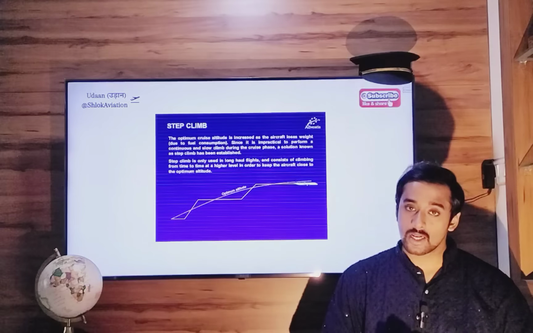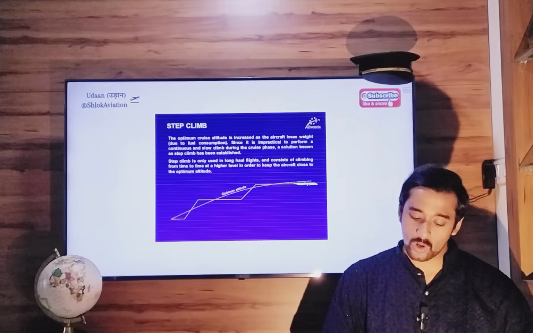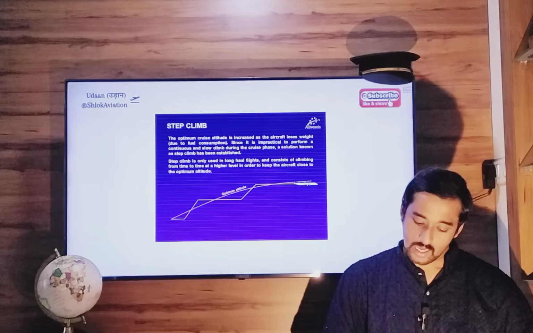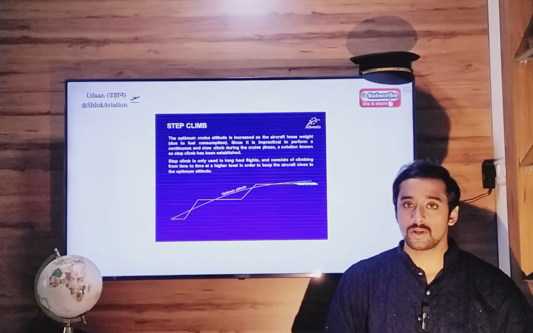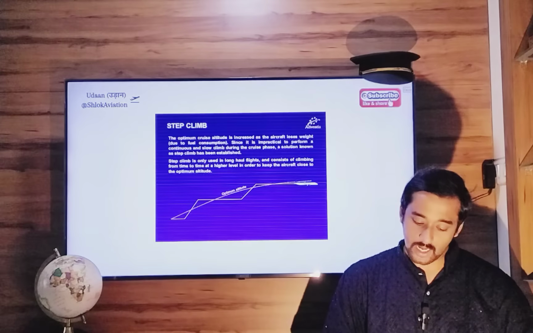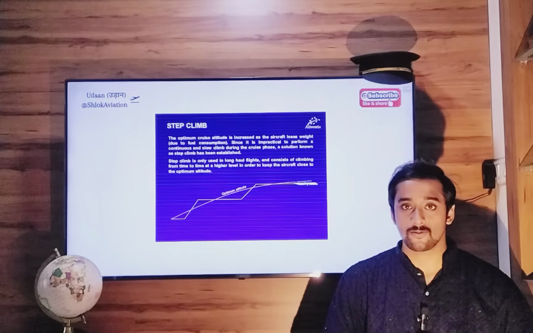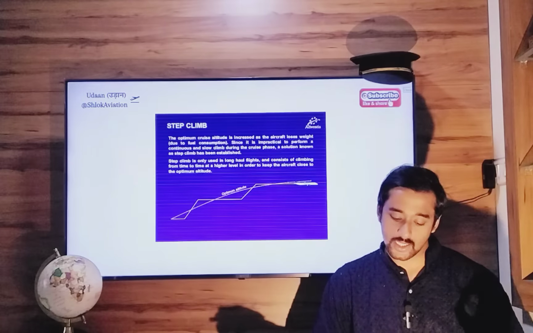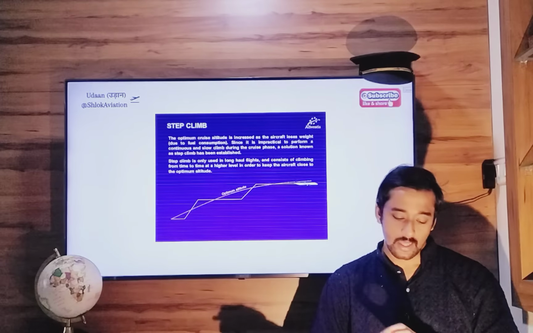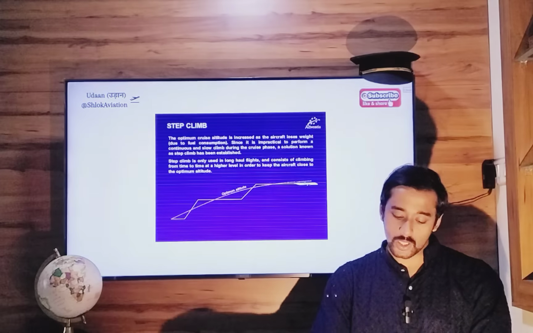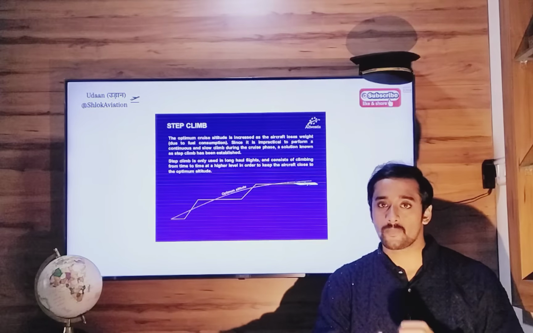Since it is impractical to perform a continuous slow climb during the cruise phase, a solution known as step climb has been established. Step climb is only used in long-haul flights, long-distance flights, and consists of climbing from time to time at a higher level in order to keep aircraft close to the optimum altitude.